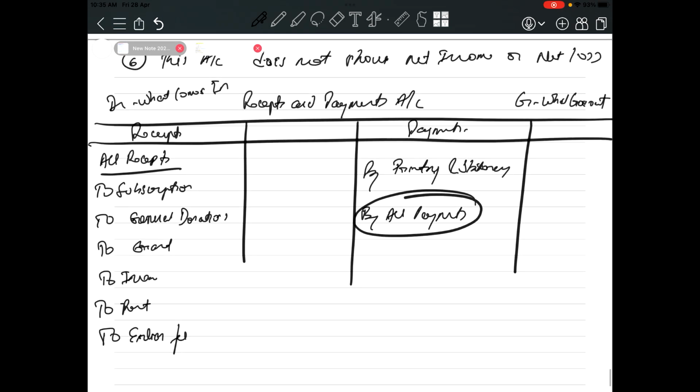Now let's talk about income and expenditure account.